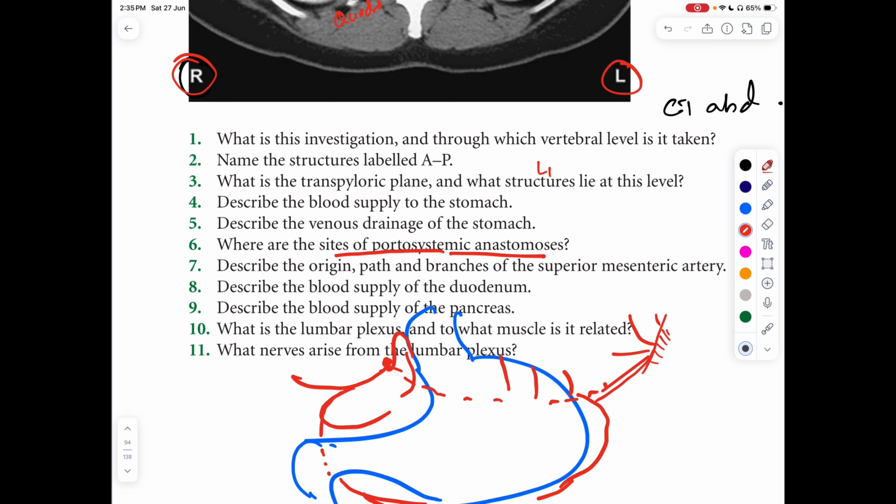The middle colic is above, then right colic and ileocolic arteries, then jejunal arteries, and the inferior mesenteric gives the left colic. The duodenum is basically supplied by the pancreaticoduodenal arteries. Blood supply of the pancreas is again by the splenic artery in front of the pancreas.